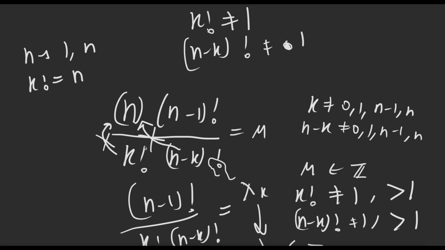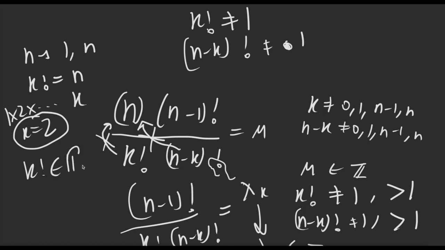That would mean that k factorial does divide n. And now we can see that k factorial goes 1 into 2 into till k. And so it is a composite number, except if k is equal to 2, then k factorial is a prime number.